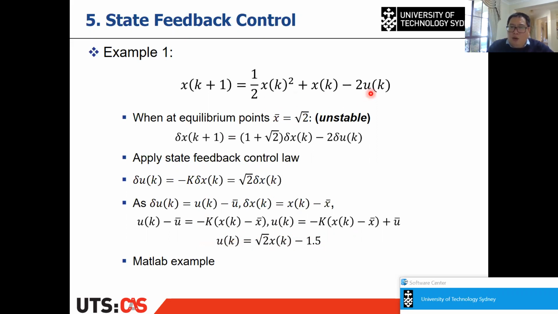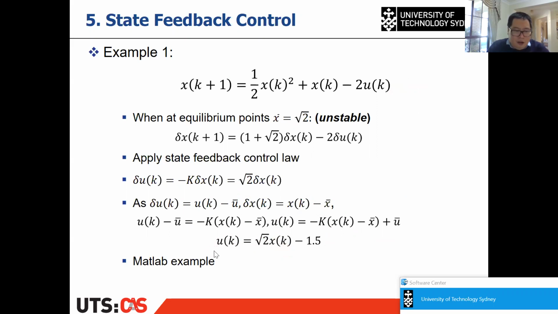Then you can put it into the original nonlinear discrete time system. All right. So after you get the k in the linearized system, you also need to calculate it back into the original nonlinear case. Then you have your original u, which is a function of x.